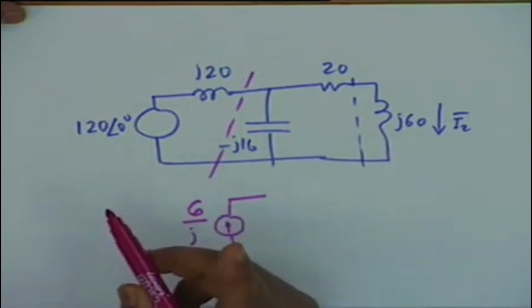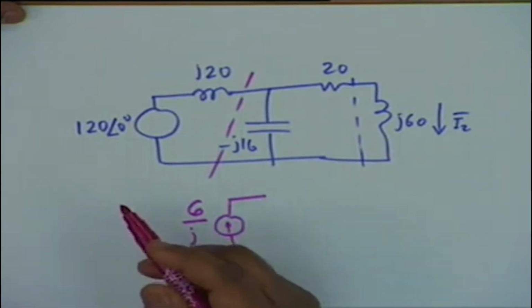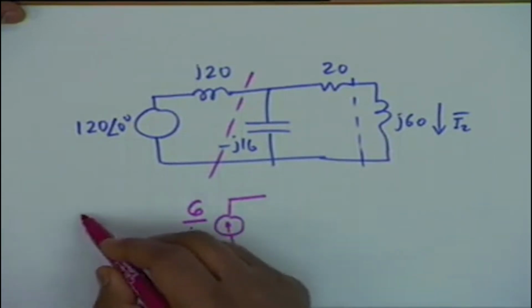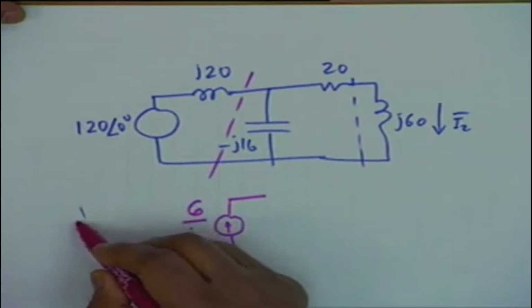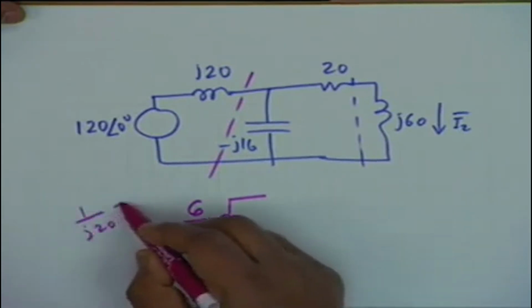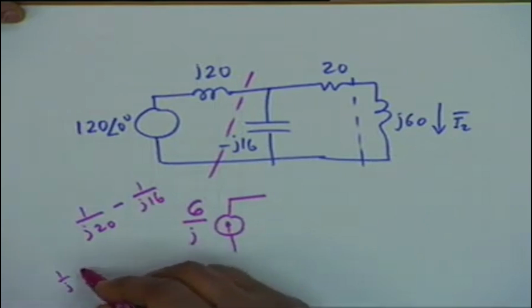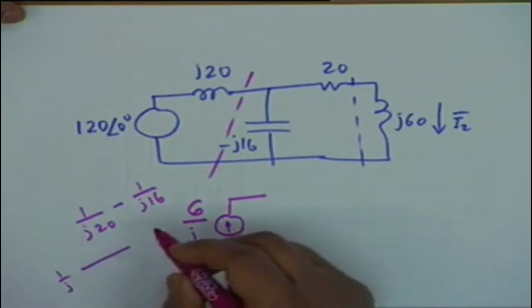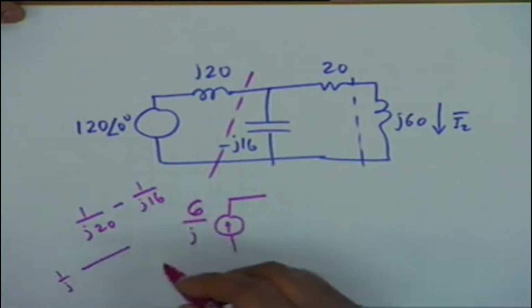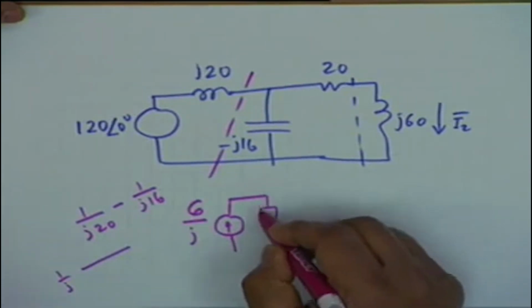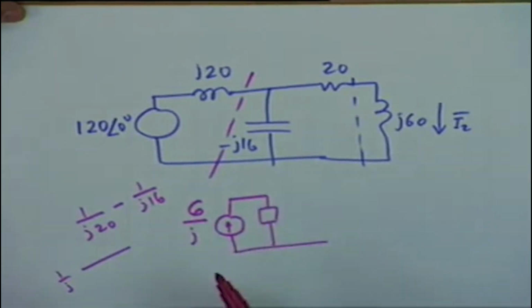They are not the sum of the two impedances. You have to take the admittance and then take the sum. Therefore 1 by J20 plus 1 by minus J16, well, you can simplify this. Whatever the result is, that is what you have to put here, a single admittance.